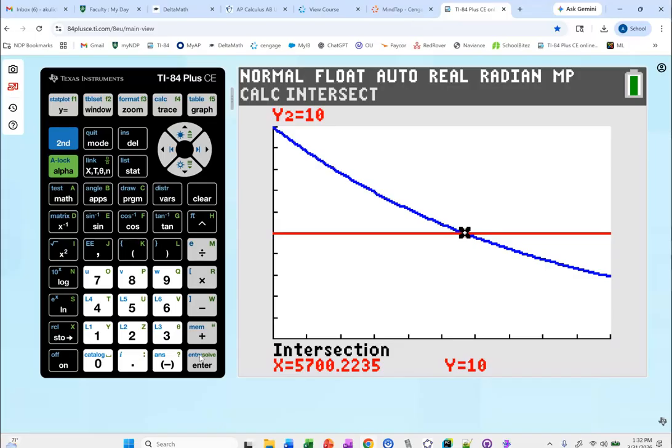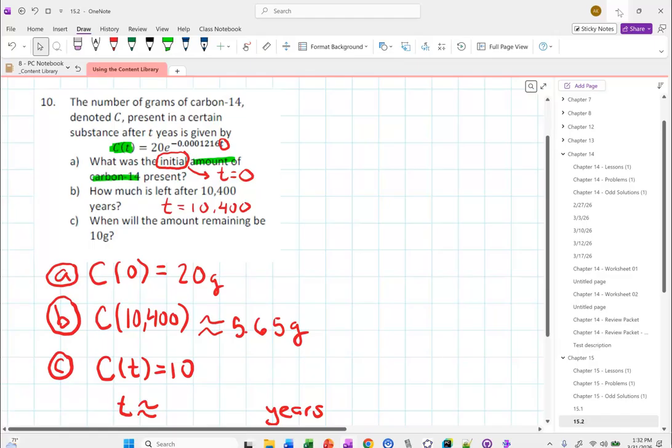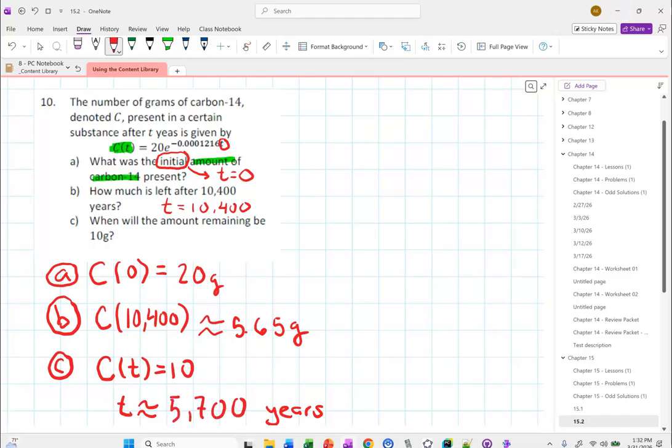It doesn't really matter. And I find that after 5,700 years, I should be about 10 remaining. Any questions on what I've done here?